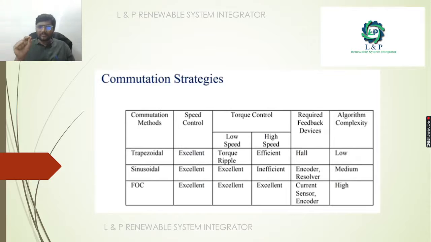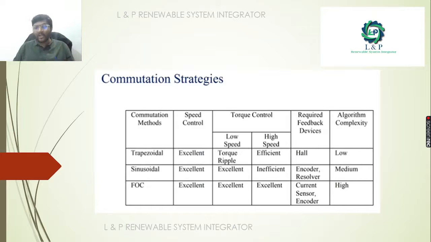Most importantly, to get the feedback, we use Hall sensors for the trapezoidal method. Whereas the sinusoidal method is excellent for low speed. For high speed, it is inefficient, so we won't use the sinusoidal method for high speed torque control. Whereas with field oriented control, we can do both low speed as well as high speed.